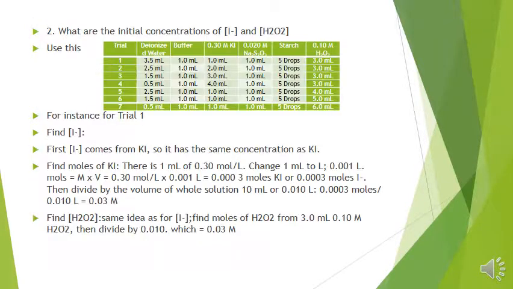So, okay, for part B, there'll be a table on the next slide. What you're going to have to do is find the calculations of I minus, because the equation for the rate is going to be: rate is equal to K, which we say K prime if you read the sheet, times the concentration of I minus to whatever power, times the concentration of H2O2 to whatever power, just like we did when we went over rates.